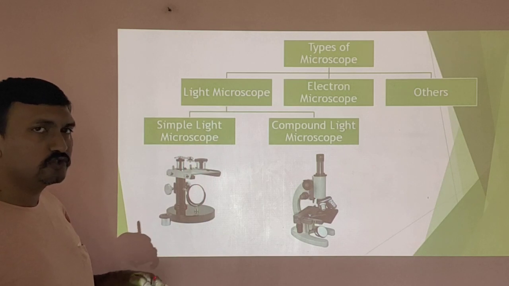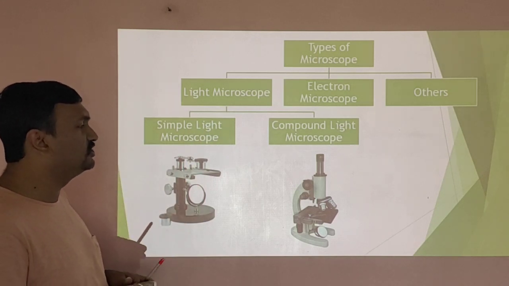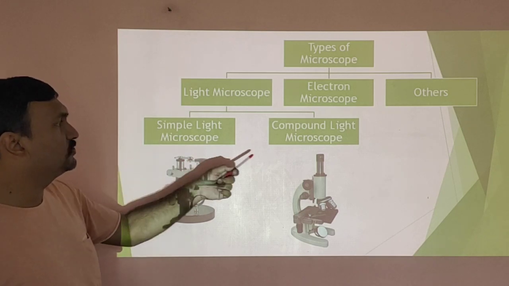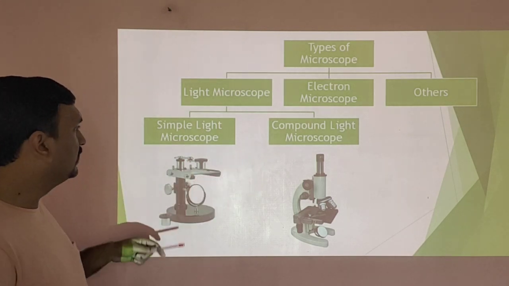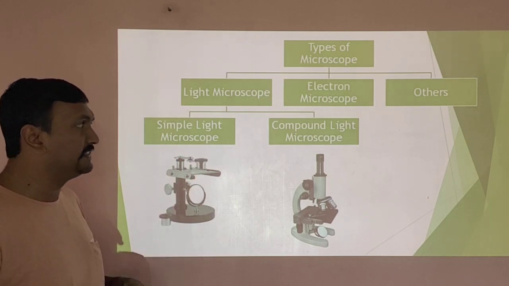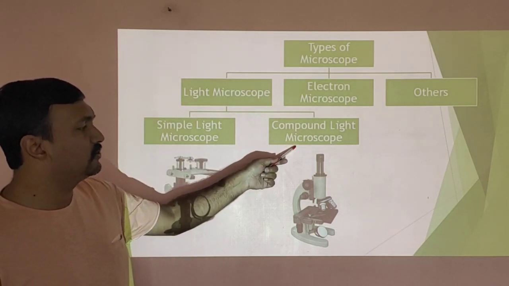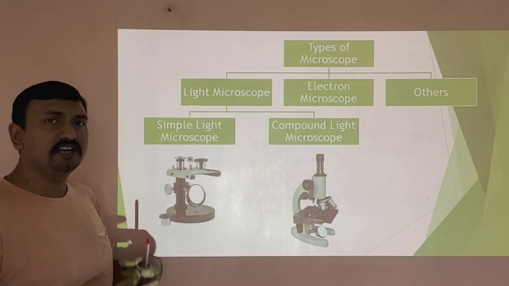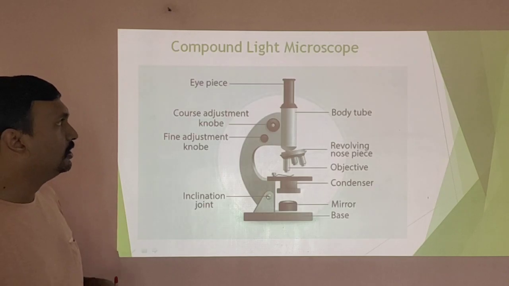Looking at these light microscopes, most common ones that we use, which you will be seeing in your school laboratory also, they are simple light microscope and compound light microscope. A simple light microscope is something like this, where you have only one lens. In a compound light microscope, you will have two lenses here. So there is a greater magnification of the image.